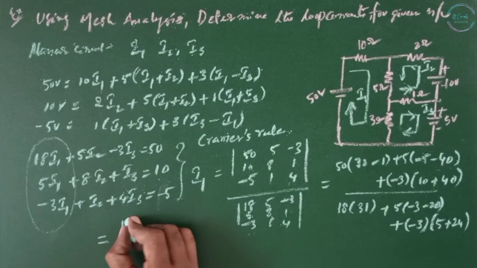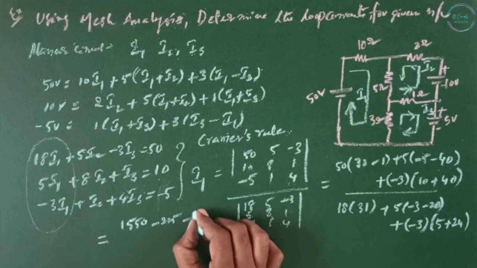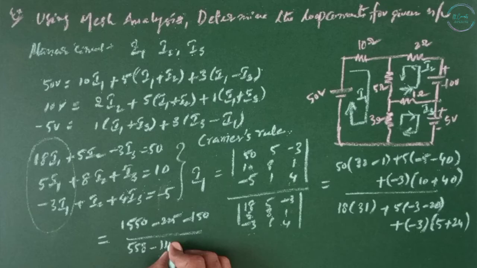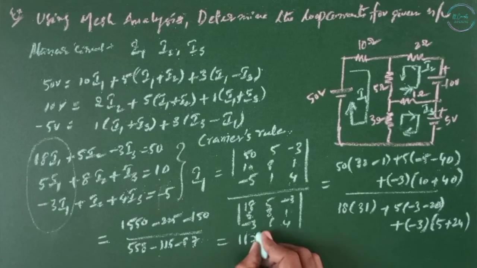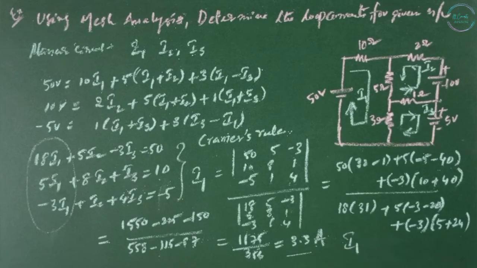So 1550 minus 225 minus 150, divided by 558 minus 115 minus 87. So the value is 1175 divided by 356, which equals 3.3 amps. This is the value of I1.